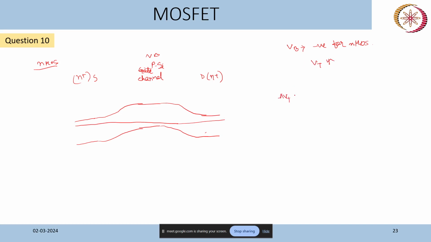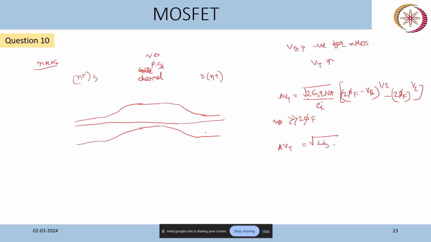Delta VT is given by this expression: square root of 2 epsilon S q NA by Ci, times (2 phi F minus VB) to the half minus (2 phi F) to the half. Now if VB is much greater than 2 phi F, which is generally true, delta VT will be 2 epsilon S q NA by Ci times minus VB to the half. This is for NMOS.